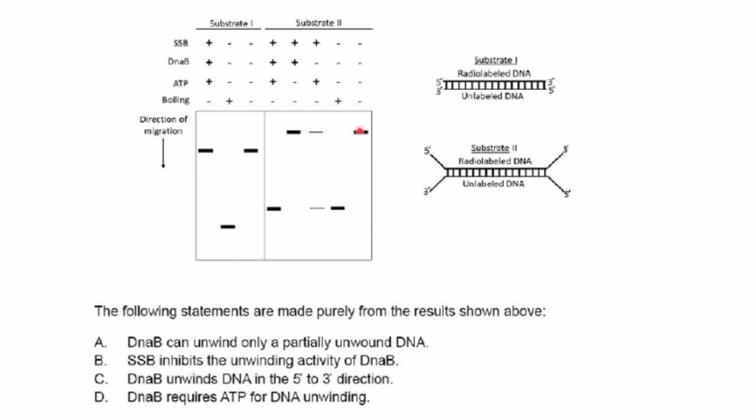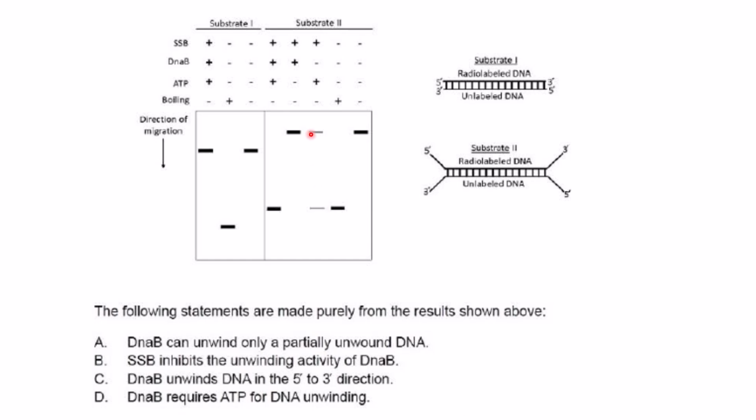But if you do boiling without adding these components, you get a single stranded form. Here you are not adding DnaB, only single stranded DNA binding proteins and ATP. You get two bands. The top band is brighter than the lower band.